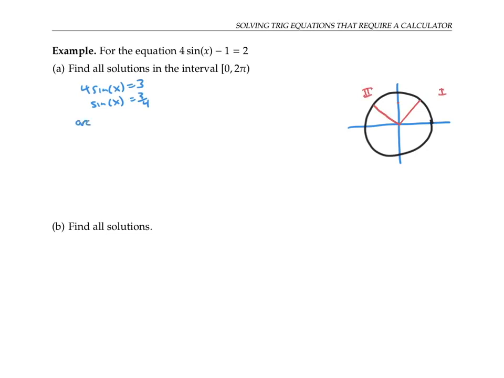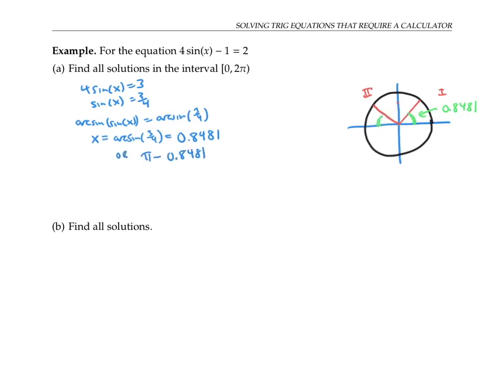Let's take the arc sine of both sides to find one of those angles. I'm getting one of the angles to be arc sine of 3/4, which my calculator says is 0.8481 radians. That must be this angle here. To get the other angle, I can use symmetry. Since this angle here, you can get by going a full pi minus my previous angle.